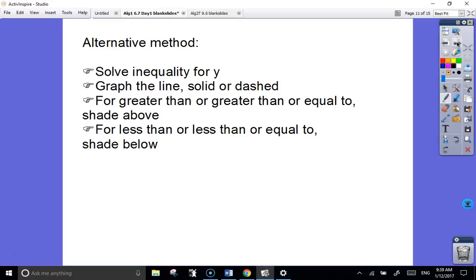If it's a less than or equal to, we shade below the line. But we won't need to do a test point. We end up having to solve for y in lots of other places in this class, so that's a skill we should get pretty good at. I find we're better at that by the end of this course than at plotting the x and y intercepts. But you could do either way. It doesn't matter. They're both good ways.